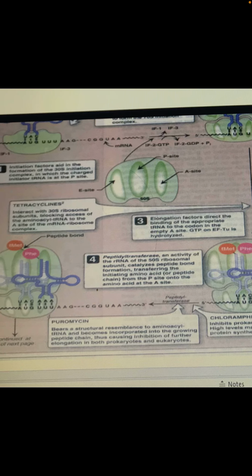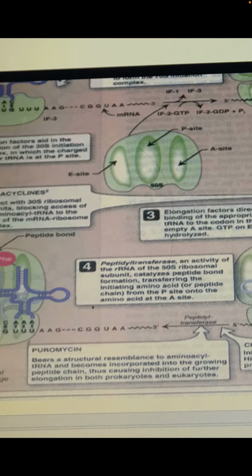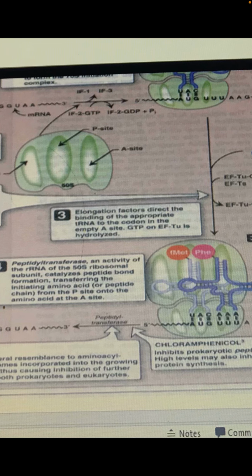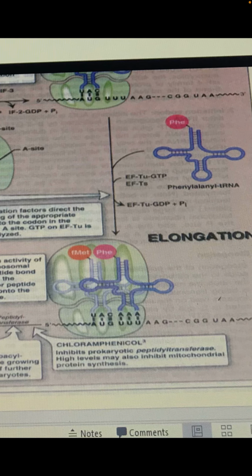Puromycin bears structural resemblance to the aminoacyl transfer RNA and becomes incorporated into the growing peptide chain. So the mechanism of action of puromycin is that it has structural resemblance with the aminoacyl transfer RNA. So it binds with the A site in place of aminoacyl transfer RNA and ultimately blocks the polypeptide chain synthesis.